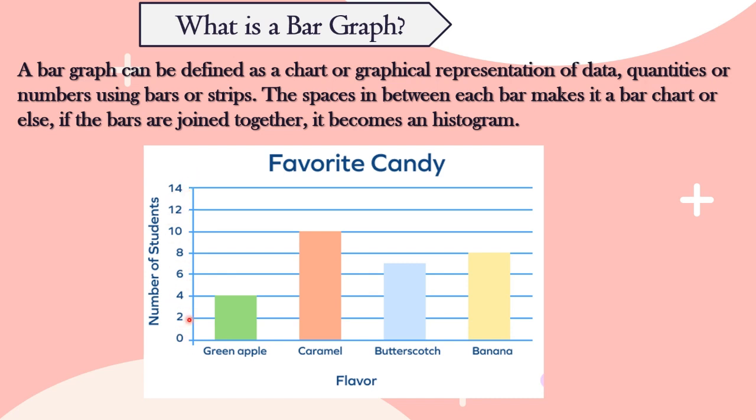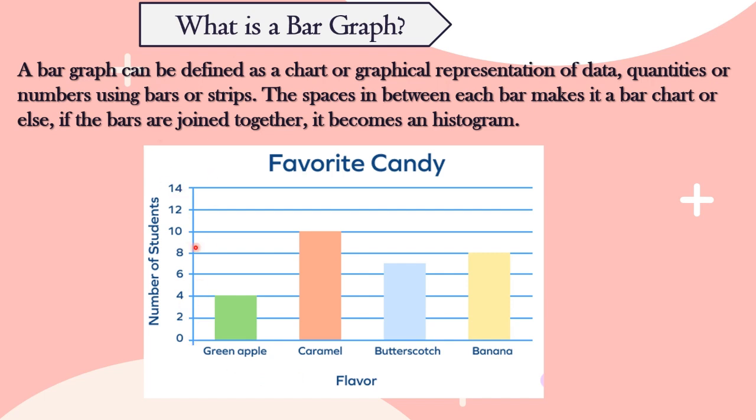This is where the numbers are usually represented. Whatever our data is all about, favorite candy, pets, favorite cakes, they are always on this horizontal line. These are the different flavors of the candy.